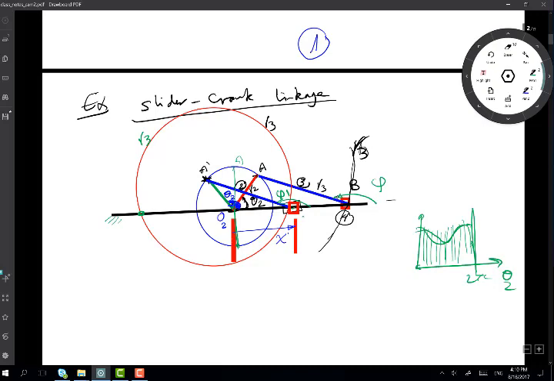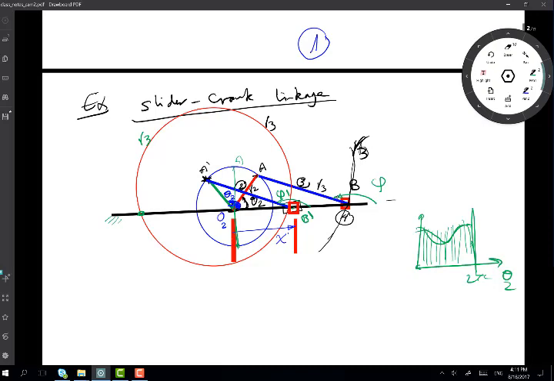The slider can fall either at P prime here on the right hand side, or there is another possibility on the other side. In fact, this other side is another possible way to assemble the same linkage.